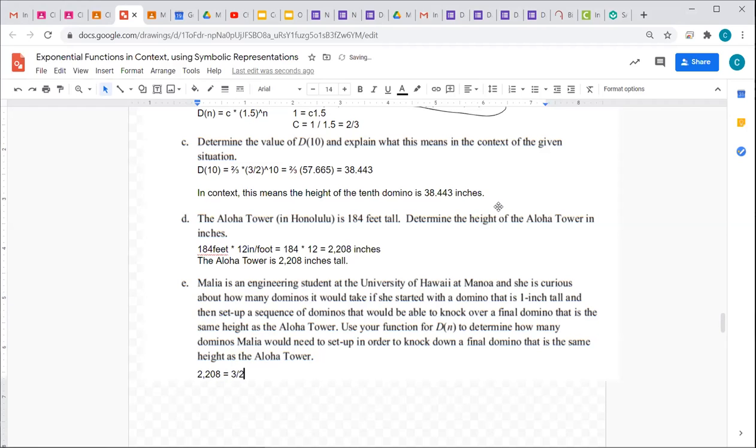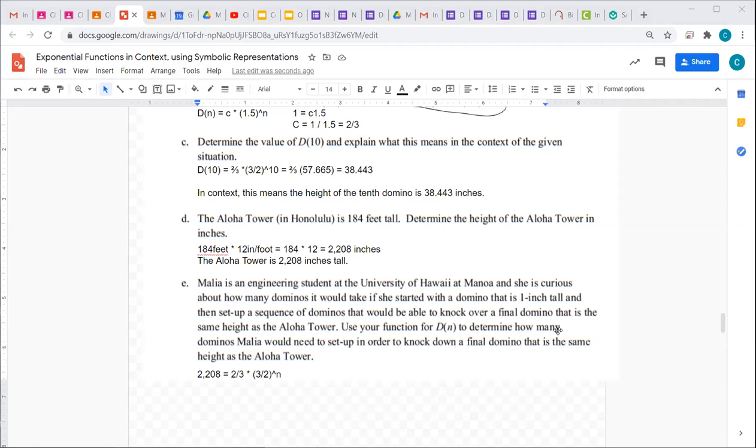So I'm going to write out my symbolic representation. 2/3 times 3/2 to the power of n. So I don't actually know what that is. So what I'm going to do is I'm going to take some guesses. So it's clearly taller than this. It's taller than 10. So let's see. I'm just going to take some guesses.